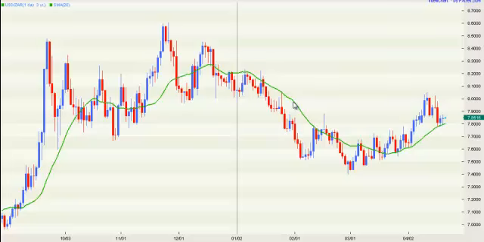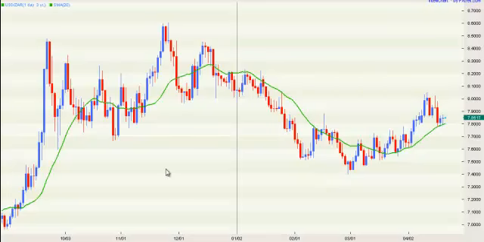One way that you can use that is to buy when the moving average is acting as support. You can buy when the currency pair touches the moving average, and you can sell when the currency pair touches the moving average. And you can see here right now that the pair once again is trading above the moving average, and the moving average is acting as support.